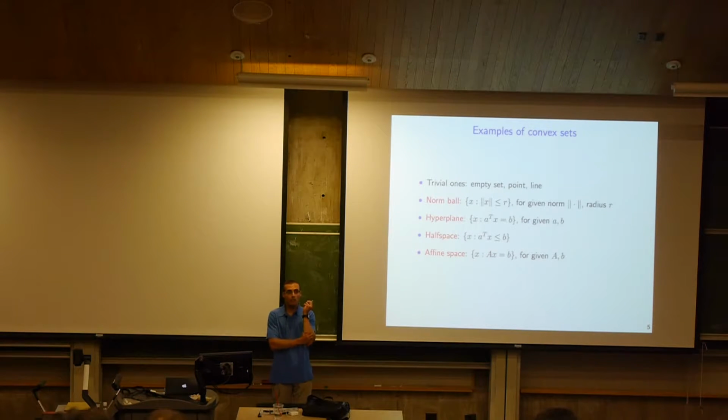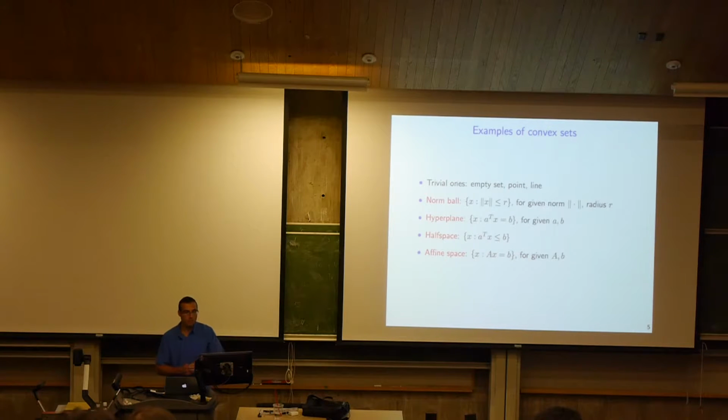I'll leave you to check that. It follows from the fact that norms satisfy the triangle inequality, and they have a property called positive homogeneity, which means that the norm of a positive number times x is that number times the norm of x. Those two properties together show that the norm ball is convex. And if you think about just the L2 ball, that is definitely a convex set, intuitively.